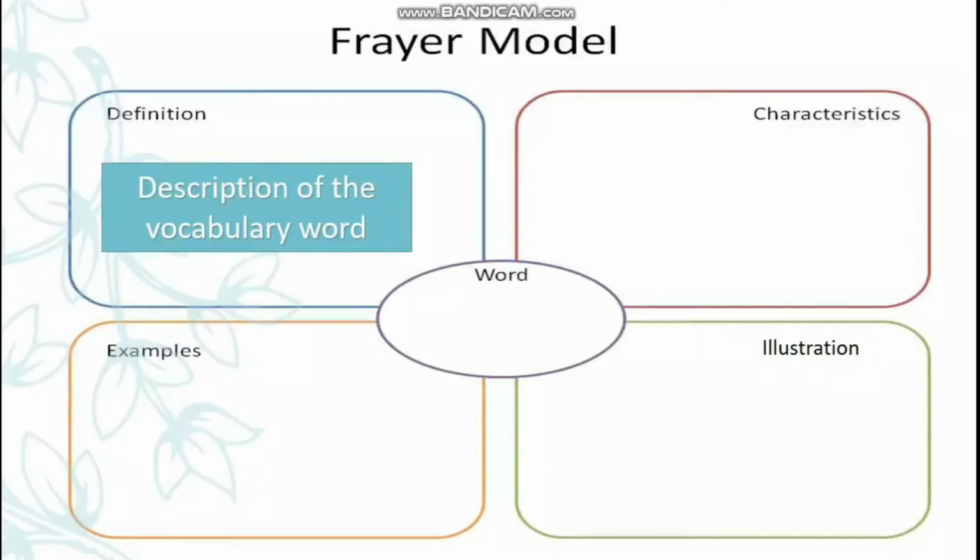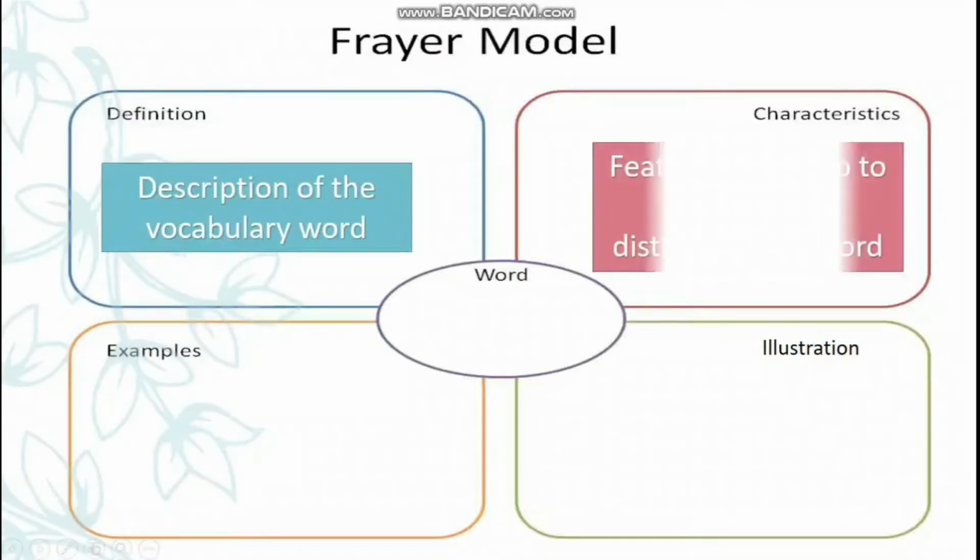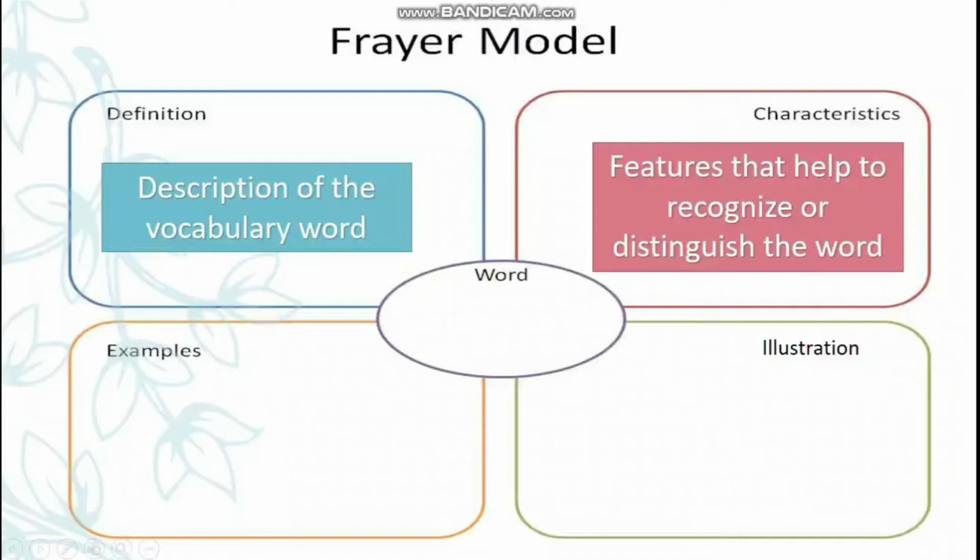What is the meaning of this word in your own words? Then I have the next one, which is characteristics, and this is actually the pink part in the Frayer. And in the characteristics, you're supposed to have the features that help to recognize or distinguish the vocab word.